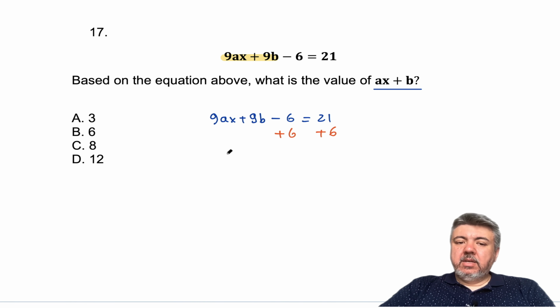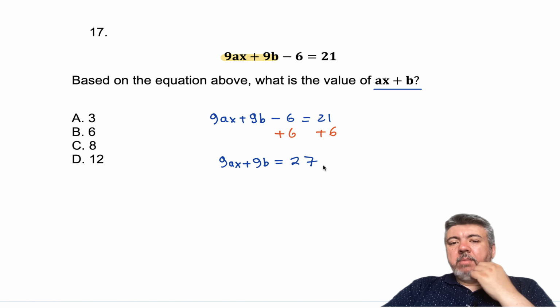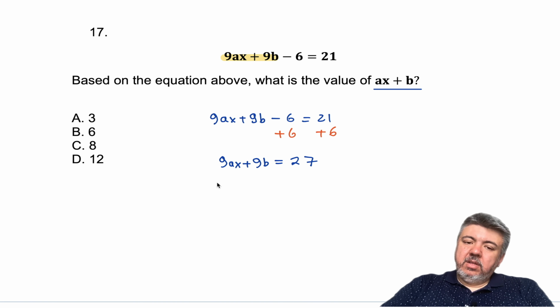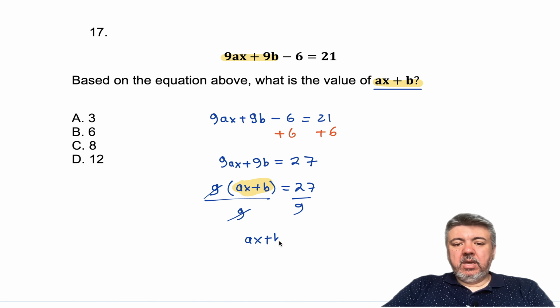So we get 9ax plus 9b equals 27. I'm sure you see there is a 9 outside the parenthesis here. ax plus b equals 27. Okay, I have it now. So divide by 9 on both sides. Okay, ax plus b is 3. So it is choice A.